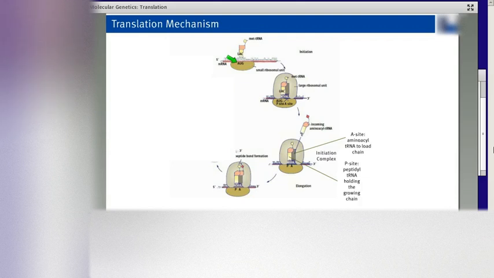So we initiated in our first step, and now we're elongating because we're scanning here to see if we have a codon-anticodon match. We're bringing that amino acid in. Now, what else do we need other than our aminoacyl tRNA, our A site, our large and our small ribosomal subunits? What else do we need?